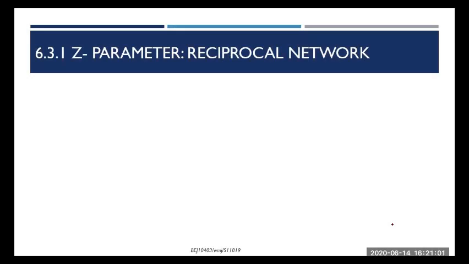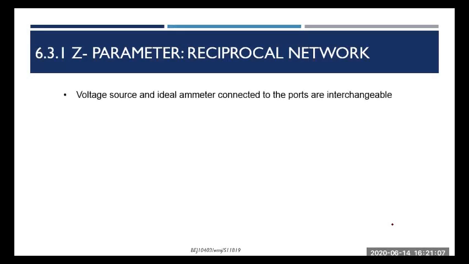Now, in the Z parameters, there can be a reciprocal network. So what is actually a reciprocal network? If the voltage source and ammeter connected to the ports are interchangeable, then you can say that your network, or Z parameter, is a reciprocal network.